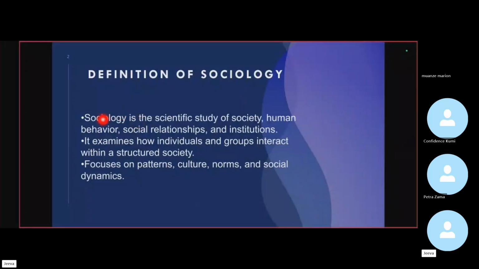So the very first thing, what is the definition of sociology? Sociology is a scientific study of society, human behavior, social relationships of people, and the different institutions. It examines how an individual or a group will interact within a structured society.